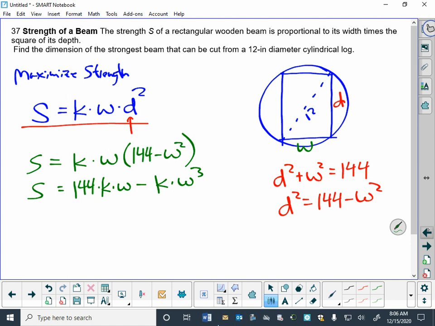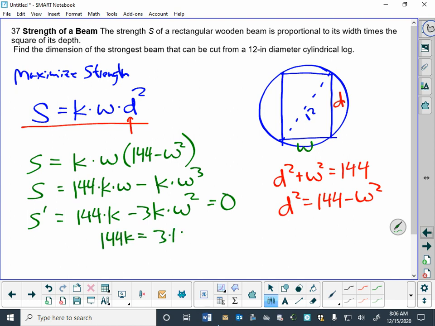I want to maximize the strength of the beam, so I'm going to take the derivative and set it equal to 0. This is going to be 144 times k minus 3k times w squared. When we set that equal to 0, we get 144k has to equal 3 times k times w squared.